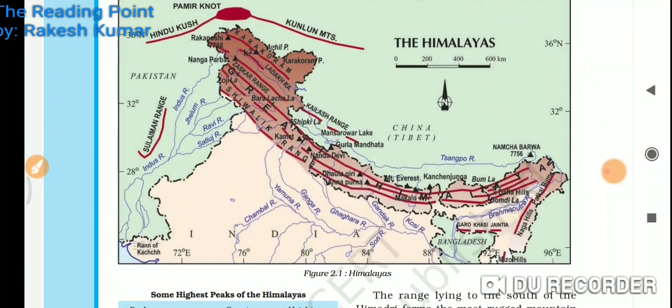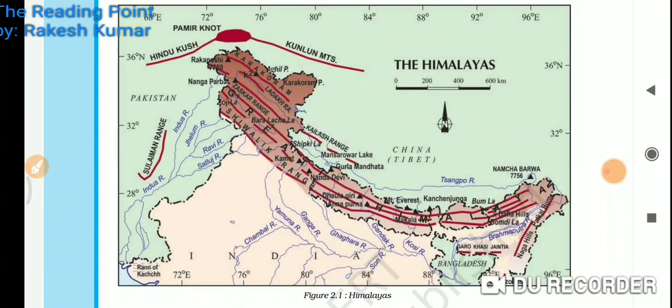Now come to Himachal. The Himachal or the lesser Himalaya lie toward the south of Himadri.